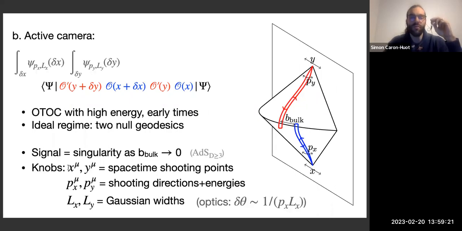And you have a few knobs. So you have shooting points, x and y. You have the shooting angles. You can also play with the shooting energy. And you also play with the width of the wave packets. The accuracy that you get actually is limited by the width.